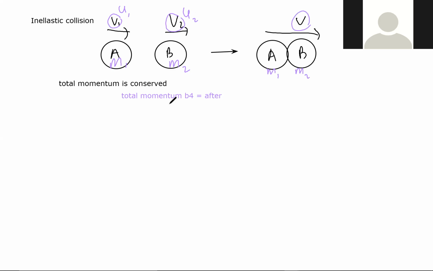So how do we write it? Total momentum before collision is m1 u1, okay, mass times velocity, momentum, plus m2 u2 equal, since they share the same velocity, so we write m1 v plus m2 v. So this one we can factor out the v, meaning (m1 plus m2) v.